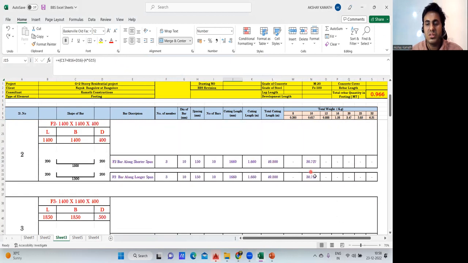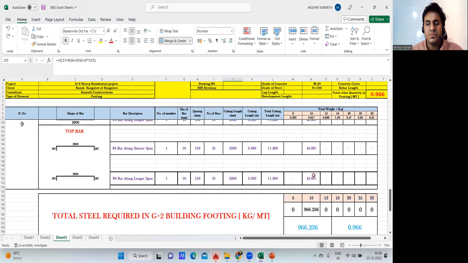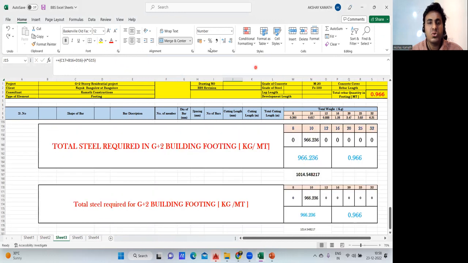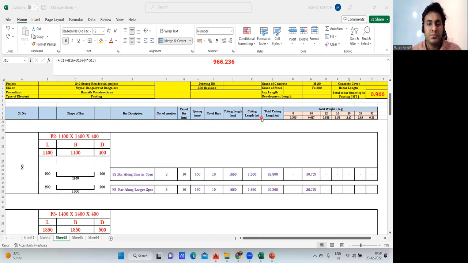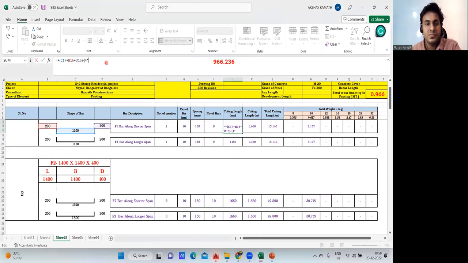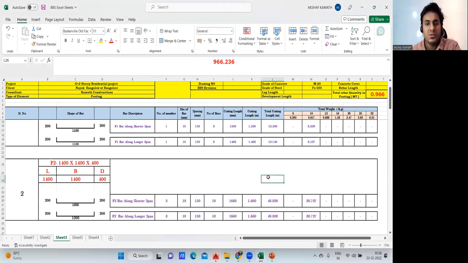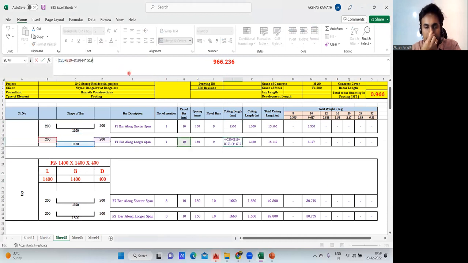I'll show you, one second. See, now the answer is how much? 966.236. That is the answer I have. And if I don't apply the bend deduction, what will happen? I'll take it out, and this also I'll take it out.